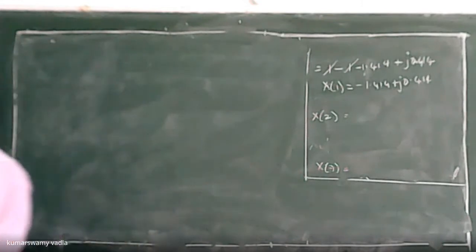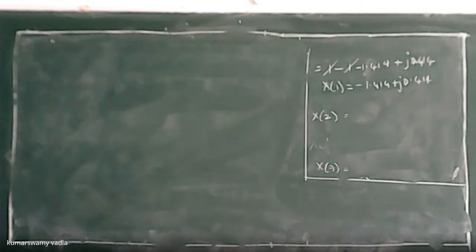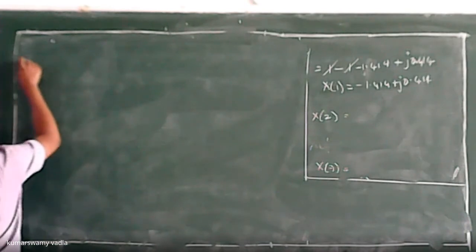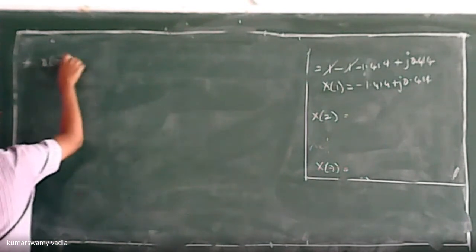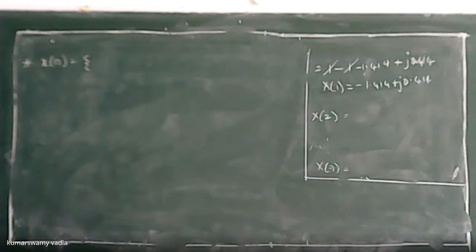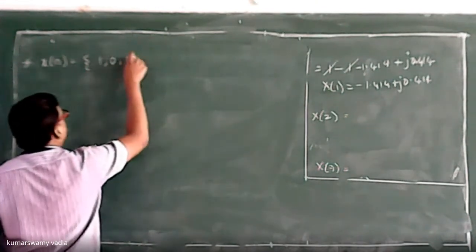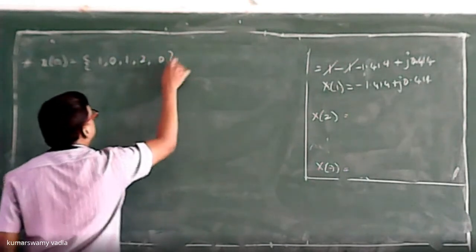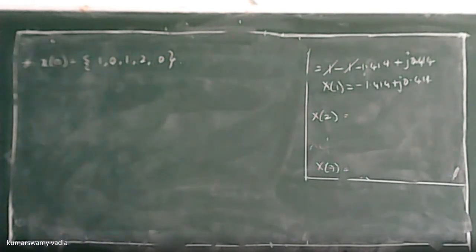Now, consider a finite length sequence. X of n is equal to 1 0 1 2 0. Next numerical: X of n is equal to 1 0 1 2 0.